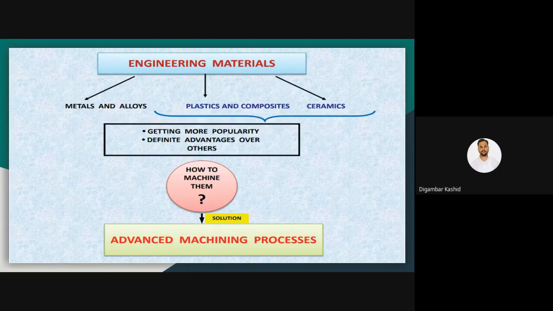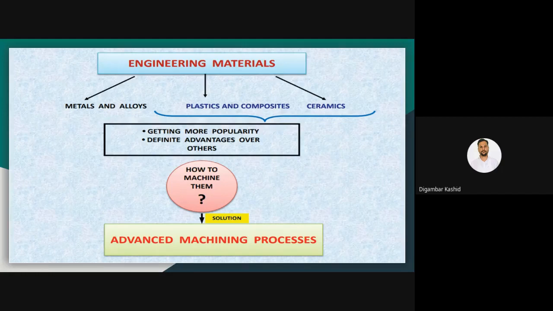These new materials have some advantages over other materials. Due to that, many researchers in industry are doing research in the engineering material field. They are going for optimization by changing some of their properties. So these new materials have advantages over the commonly used metals.